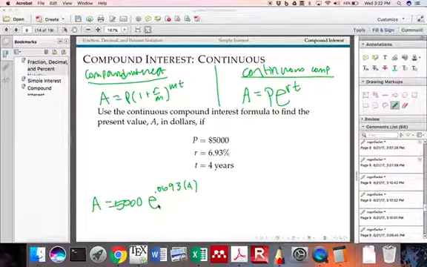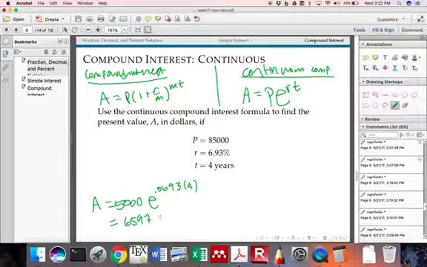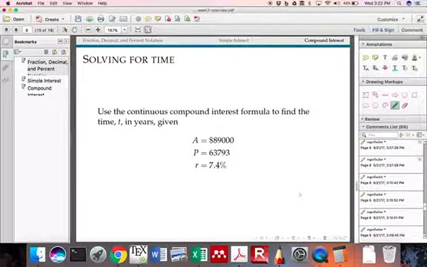And that's 6,599.15. That's in dollars. So that's how much you'd have on $5,000 invested at that interest rate for 4 years, compounded continuously. So you make almost $1,600. Not bad. Let's do one more.